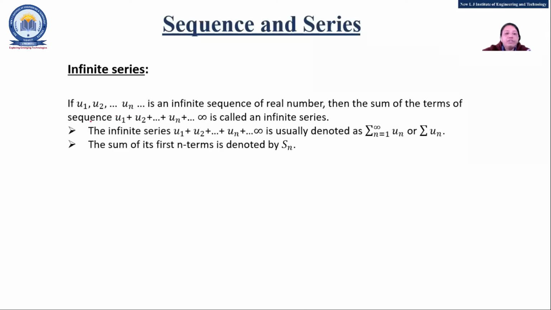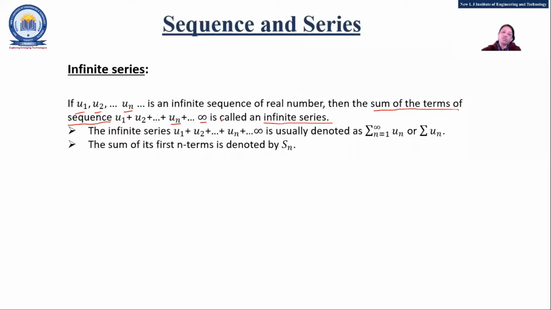For example, u1, u2 up to un is an infinite sequence of real numbers. Then the sum of the terms of the sequence, that is u1 plus u2 up to infinity, is called an infinite series.